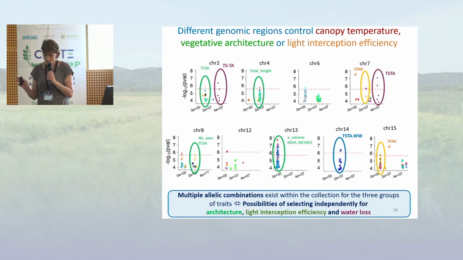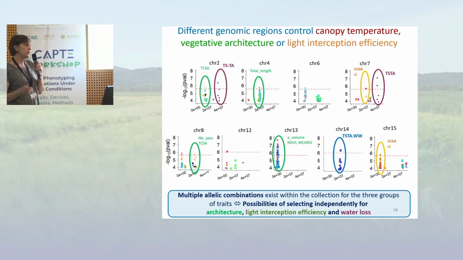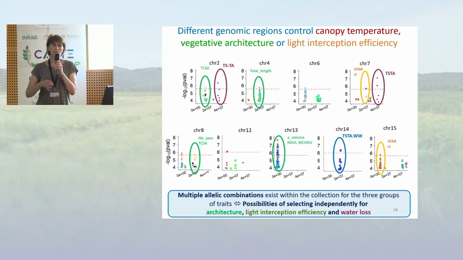So I will not go into the detail of the genomic data. We had a SNP array data set, and we did a GWAS analysis, quite a classical one. What I would like to stress on those results is that we got association between the phenotypic trait and the genotypic data sets.